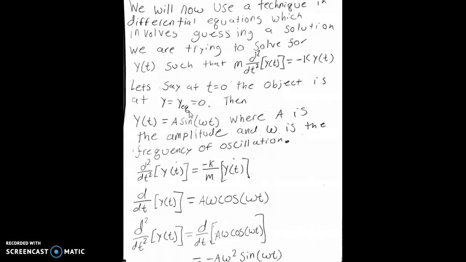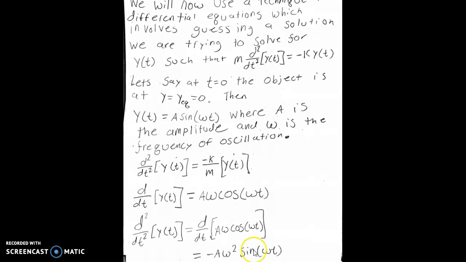So we have this equation, d squared y of t over dt squared equals negative k over m times y of t. We're going to say that y of t is A sine omega t. Let's take the derivative of A sine omega t, and that is A omega cosine omega t. We take the derivative of sine omega t, which is cosine omega t, and then we need to use the chain rule inside the sine, which means we have to bring out the omega.